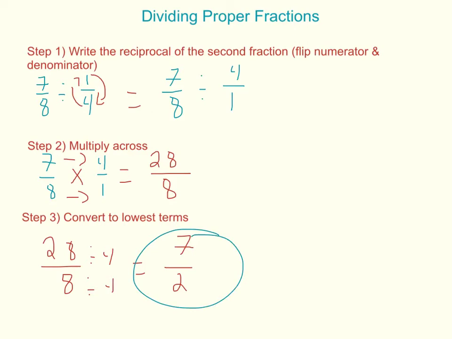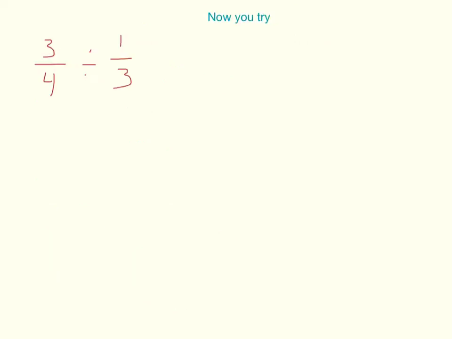So let's try an example. Let's give this one a shot. We've got 3 over 4 divided by 1 over 3. Like usual, you can pause it here and then play it when you're ready for the solution. Okay, according to step 1, we need to find the reciprocal of our second fraction, and all that means is we're flipping the numerator and the denominator, so that now equals 3 over 1.